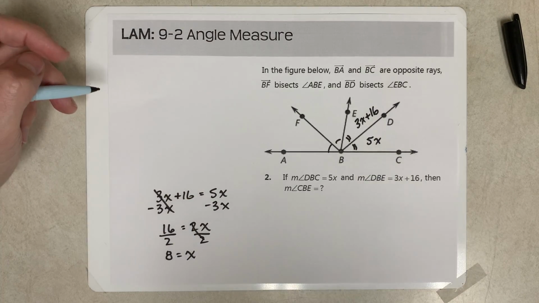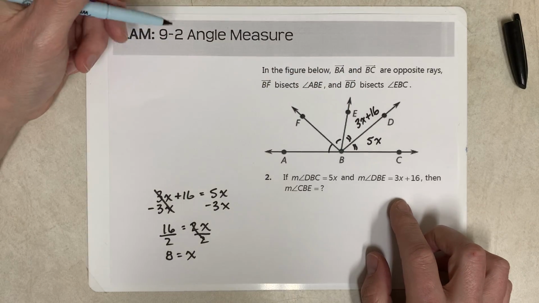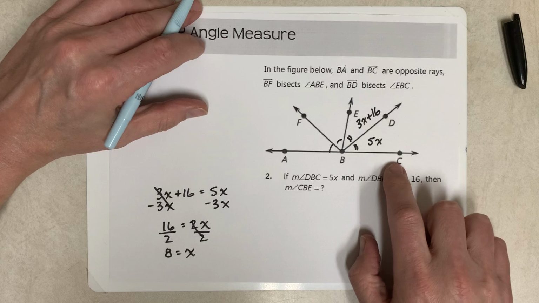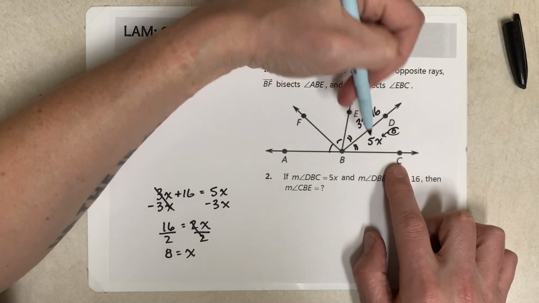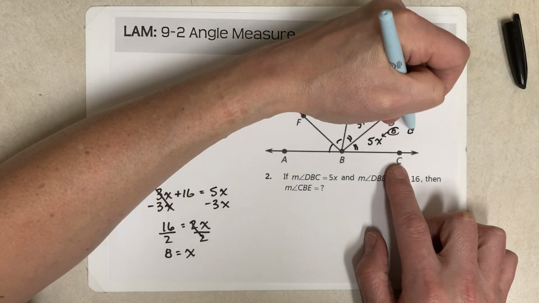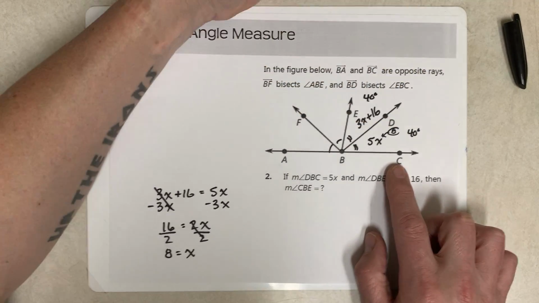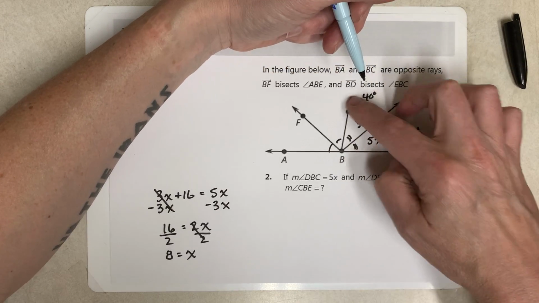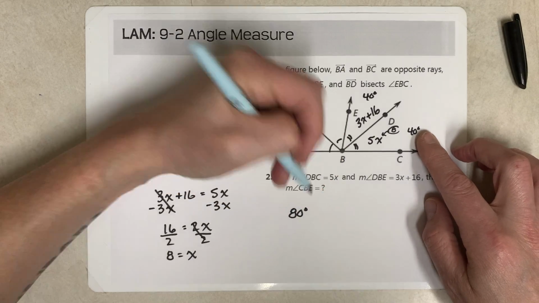So if x is 8, I need to know what CBE is. CBE is both of these together and they're the same. If I plug in an 8 for that x, 5 times 8 is 40. And that means this one's 40 also. So the combined degree measure of both of these, which is CBE, is 40 plus 40, which is 80 degrees.